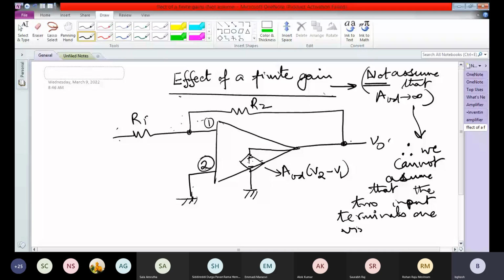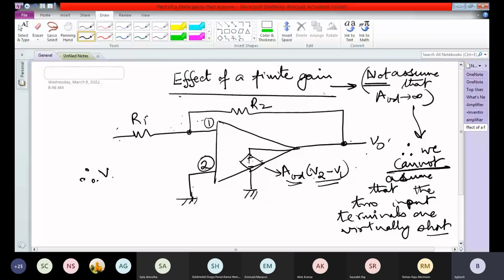Because if AOD V2 minus V1 is V0, and if AOD is finite, V2 minus V1 does not go to 0. So we cannot assume that. So V2 is not equal to V1.